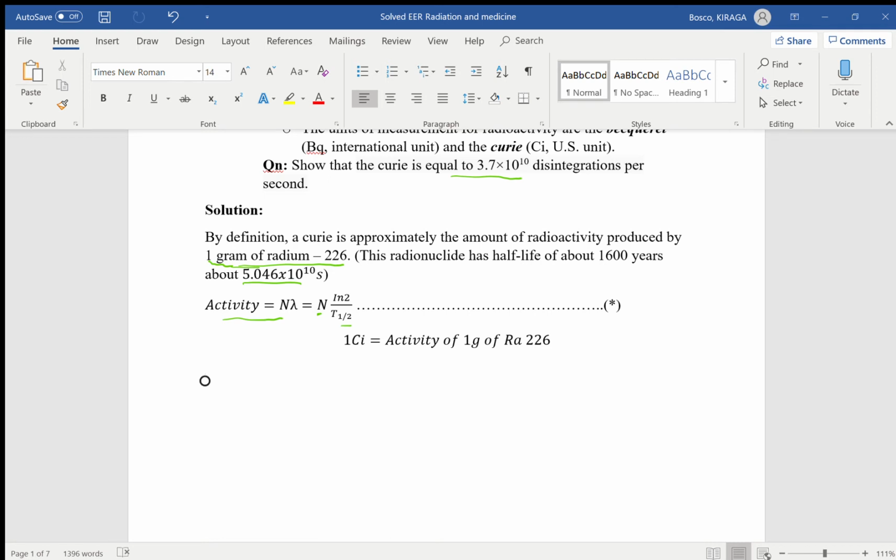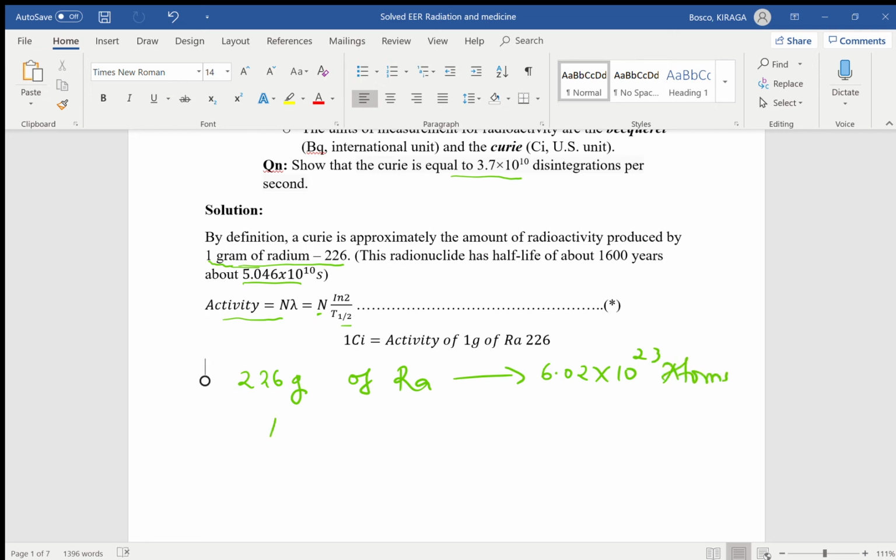So let's find that. We must also remember the concept that the atomic mass, which is 226 grams of radium, contains the Avogadro's number, which is 6.02 times 10 to the power 23 atoms.